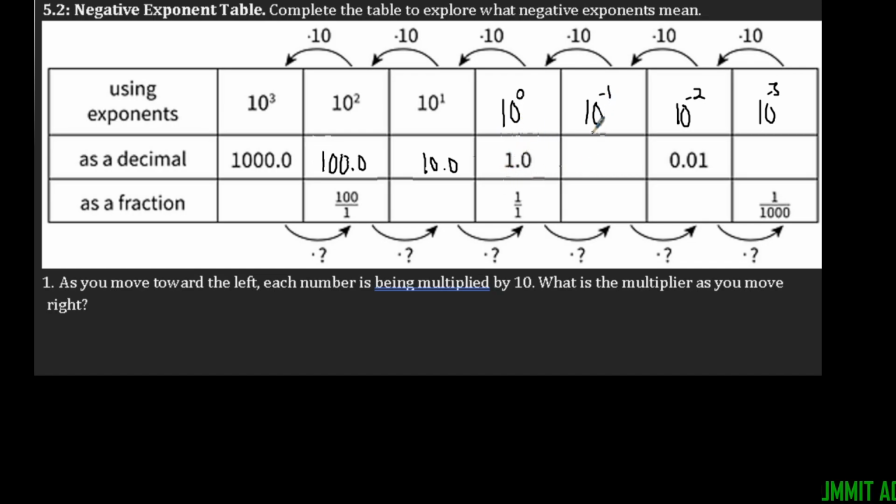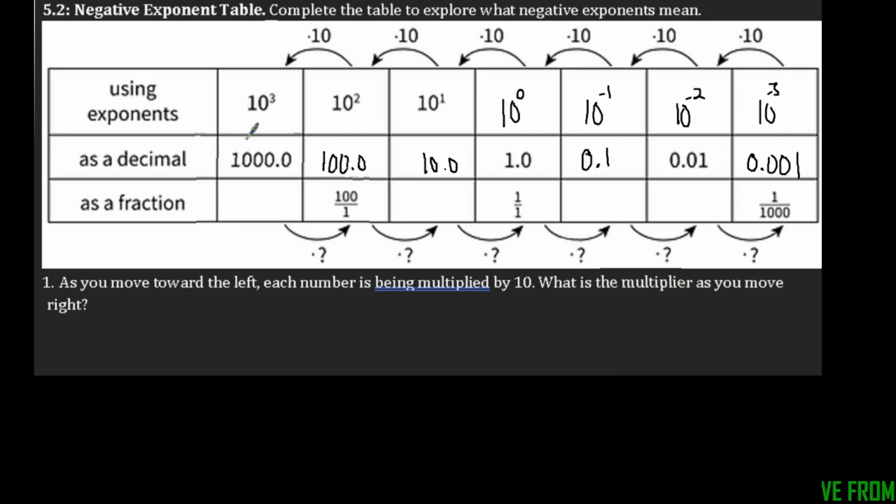And now this is where we move the decimal to the left. This is going to be 0.1. This is 0.01. And how many total zeros do we have? We have 3 total zeros, so we have 0.001.